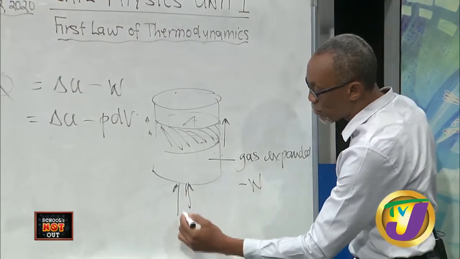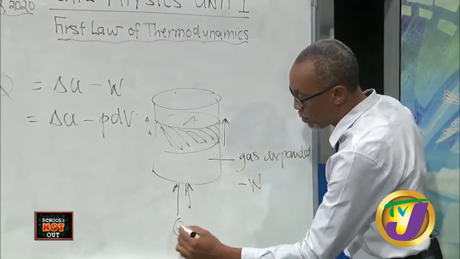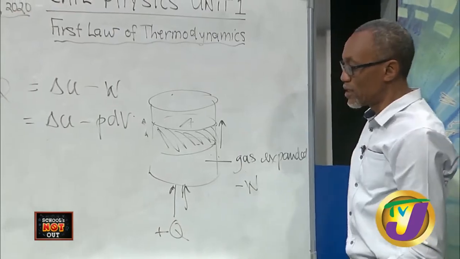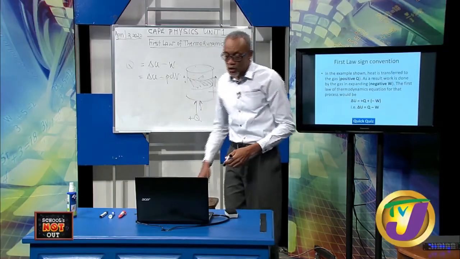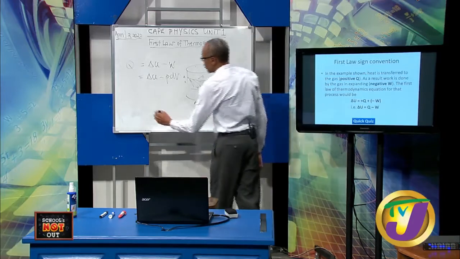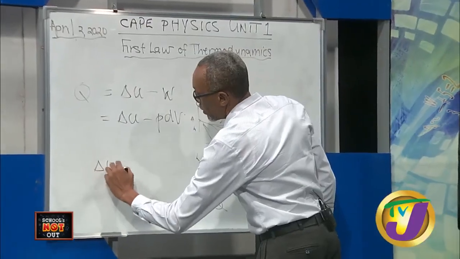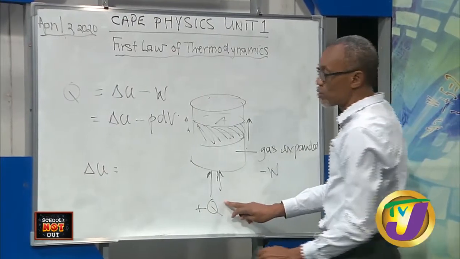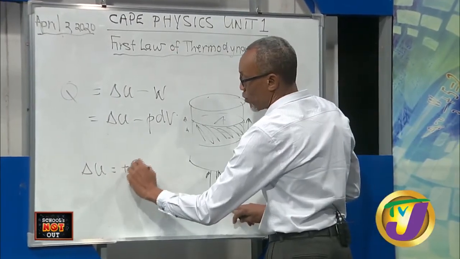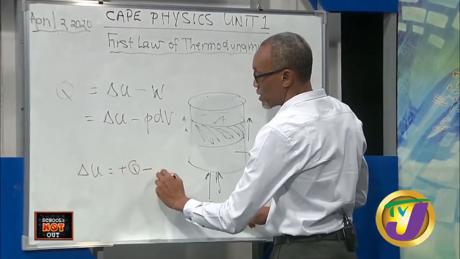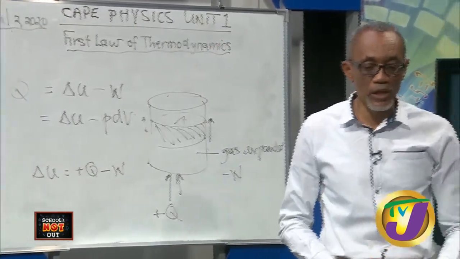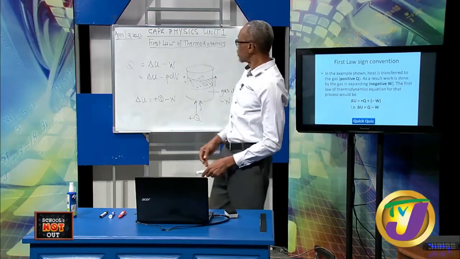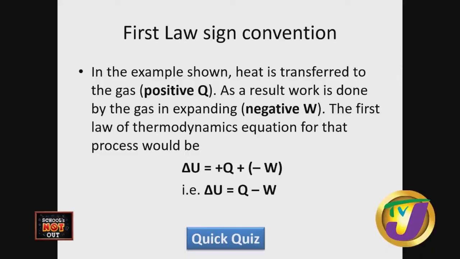Heat was entering the system, so Q is positive. All right? And we can write that delta U would be equal to, since Q is positive and since W is negative, Q minus W. So for that example we did, delta U was Q minus W.